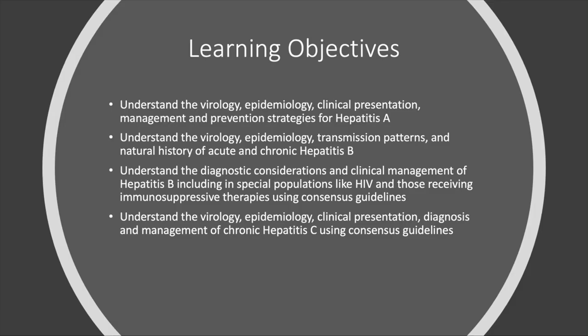So we're going to try to understand virology, epidemiology, clinical presentation, clinical management, and long-term follow-up of hepatitis A, hepatitis B, and hepatitis C. The main information for you to know regarding treatment of the two chronic hepatitides, hepatitis B and hepatitis C, is that we make our treatment decisions based on consensus guidelines.